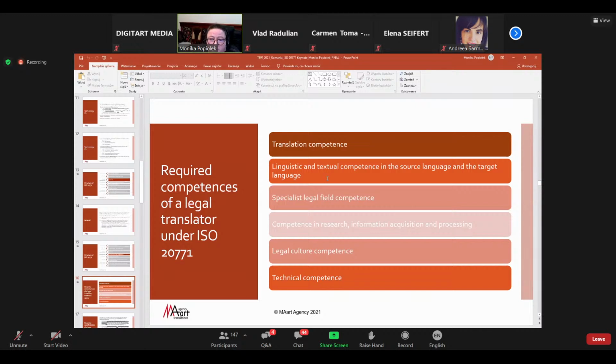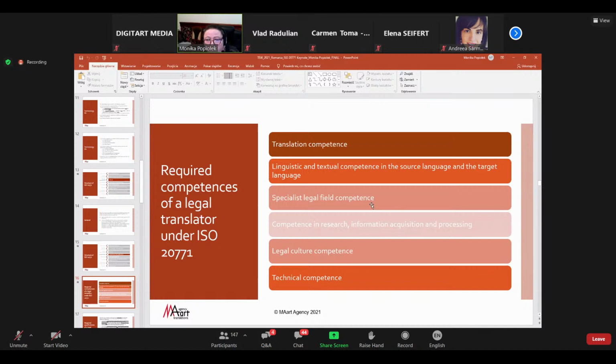And the specialist legal field competence, for example, will cover knowledge of different legal systems. If you're working in languages where you have to deal with, for example, common law context and what we call continental law, which is mainly the European continental framework, then obviously you really need to understand what those contexts mean.